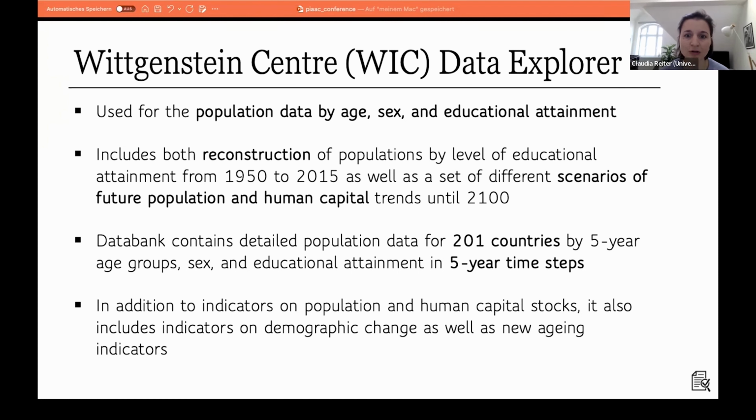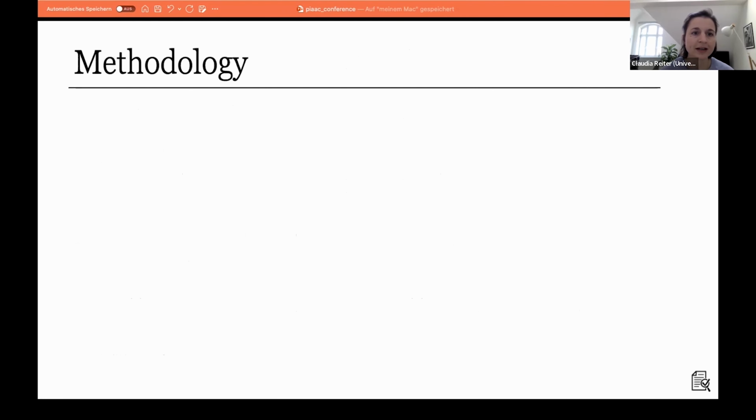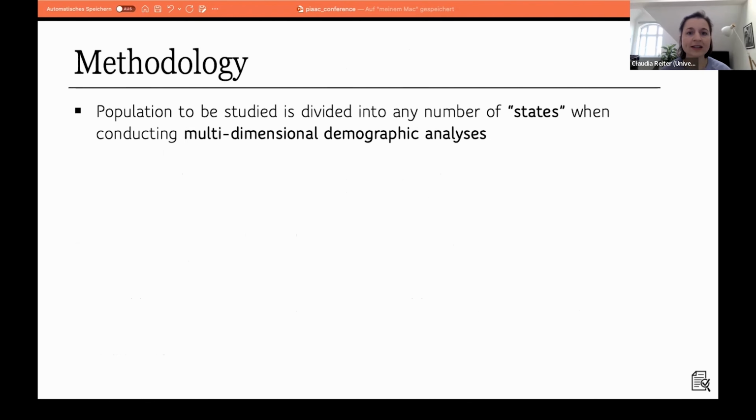Here in this paper, I only focus on the present data, so all set around 2015, but the plan is to maybe also project these skills-adjusted population distributions to the future. As I said, there are 200 or more countries included, so all STEP and PIAAC countries are included in the Wittgenstein Center Data Explorer data. And there are also a lot of other indicators in the data set, but I'm only focusing on population estimates here. The methodology is quite easy.